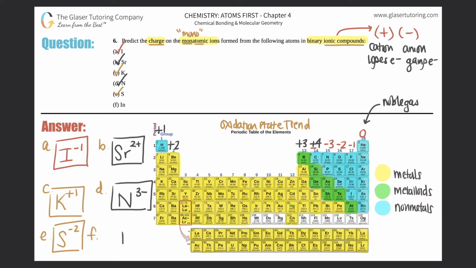So In, indium is over here, number 49. It wants to lose 3 electrons. And in this case, this is the only one in which it does not follow the trend, right? If I lose 3 electrons, I get 46, which is not part of this trend.